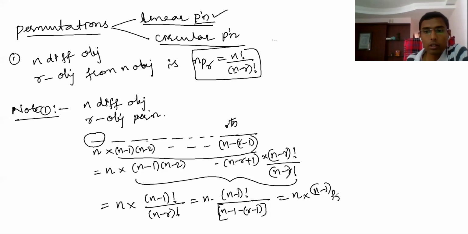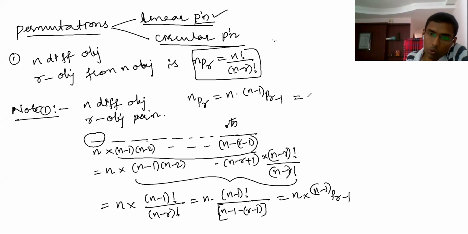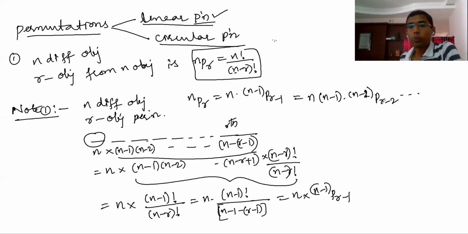So nPr equals n into (n minus 1)P(r minus 1). Again, the same way, this equals n into (n minus 1) into (n minus 2)P(r minus 2). This is one formula, that is note 1.